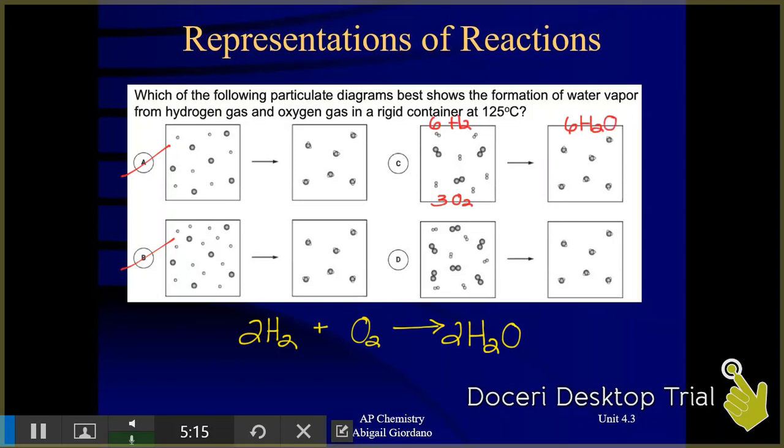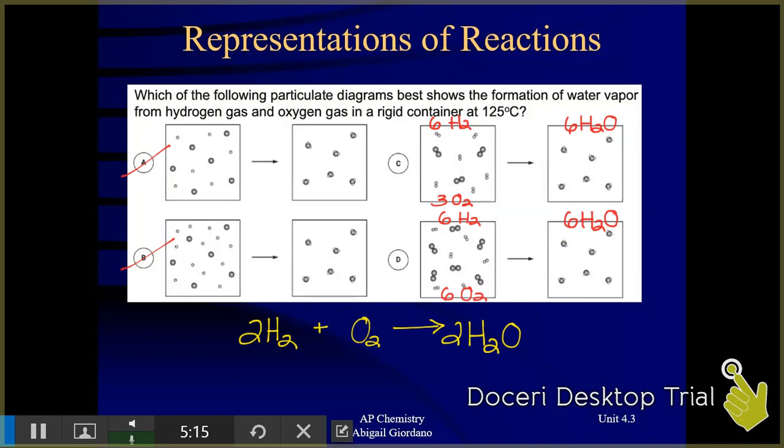Okay, let's look at letter D. Letter D is showing me 6 hydrogens and 6 oxygens. And we have 6 water molecules. Okay, and neither drawing is showing anything left over.